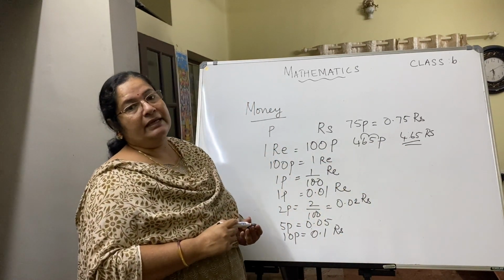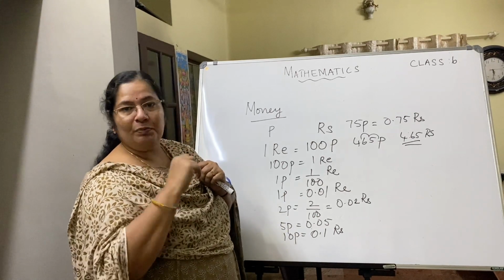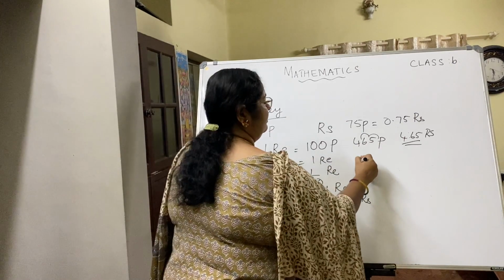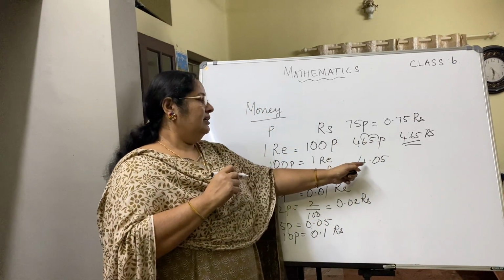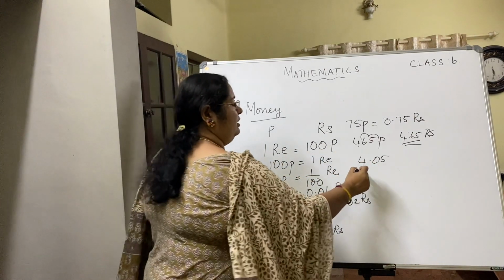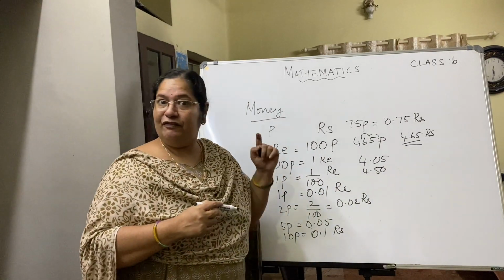So always in the paise unit you are having 2 places. Suppose it is 4.05. It means 4 rupees and 5 paise. What is 4.50? 4 rupees and 50 paise.